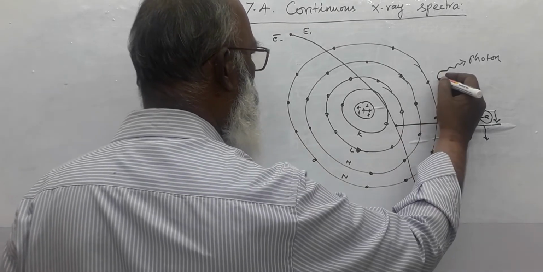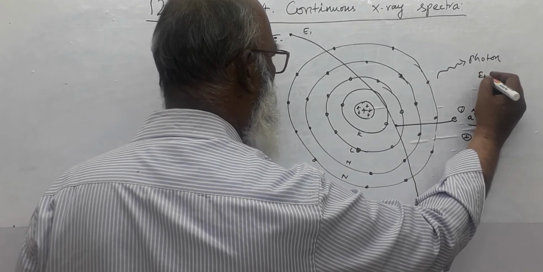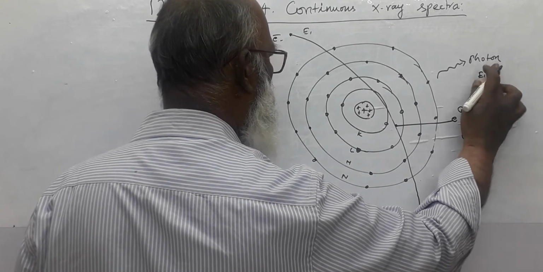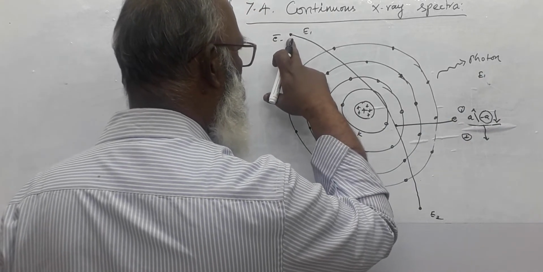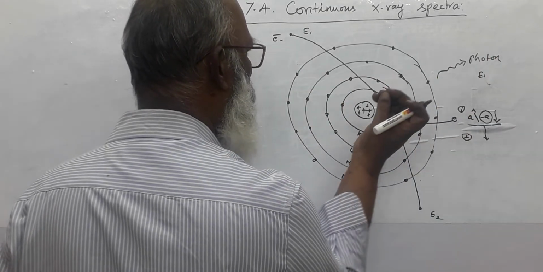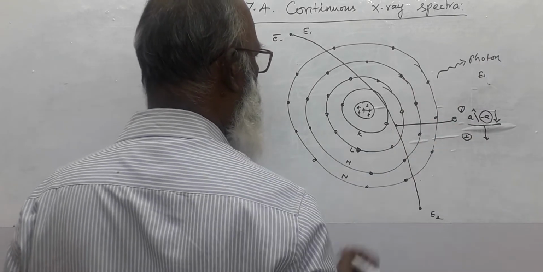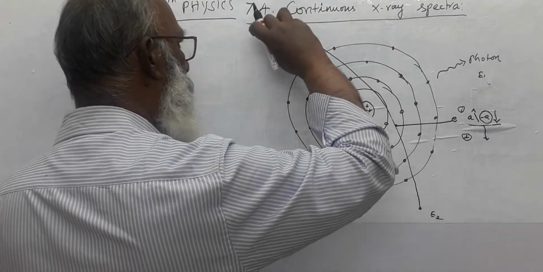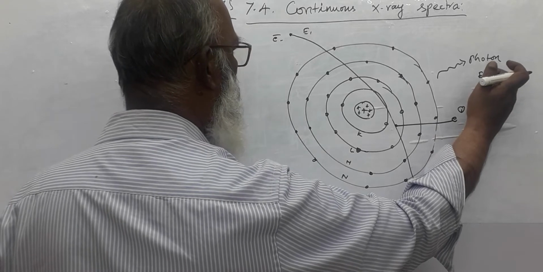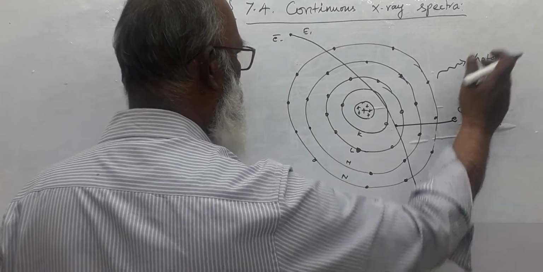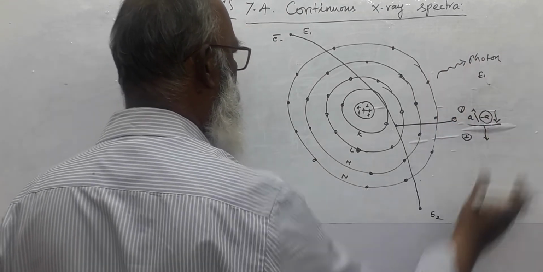The outgoing photon energy is equal to E1 or less than E1. If the electron radiates energy as a photon with partial energy, then we get a smaller amount of photon energy. If the electron energy is completely transferred to the photon, then we get the maximum energy of the X-ray photon, as we already studied. Here the photon energy becomes higher.